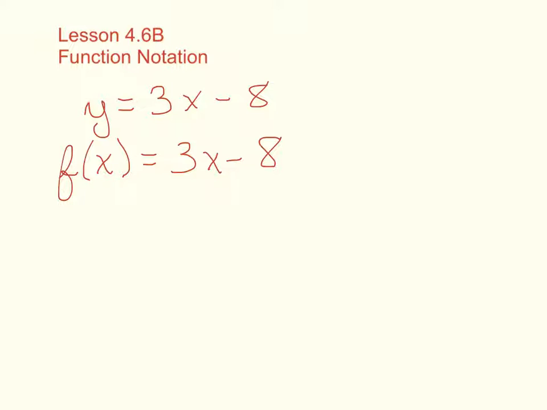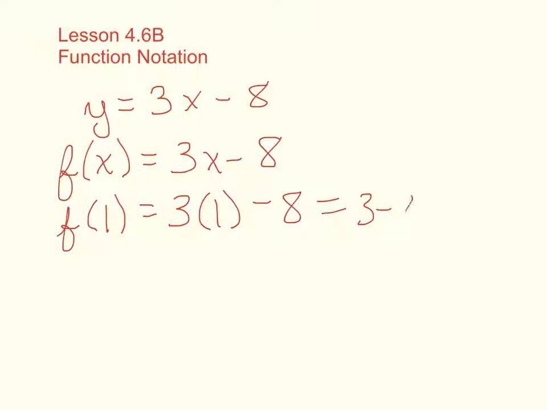So one thing that you can do with this kind of notation is you can say, well, for this particular function, find f of 1. And all that means is substitute 1 for x in the equation. So f of 1 for this particular function would be 3 minus 8, which would be negative 5.